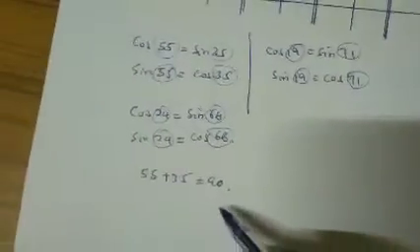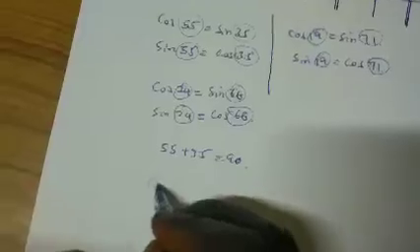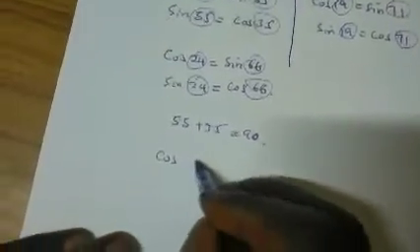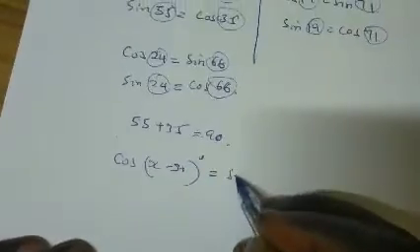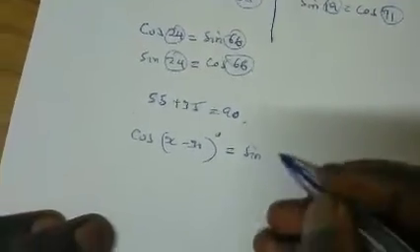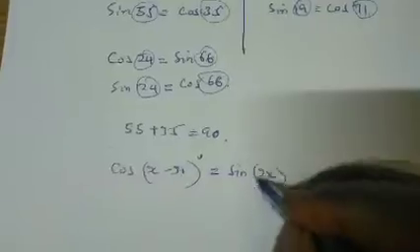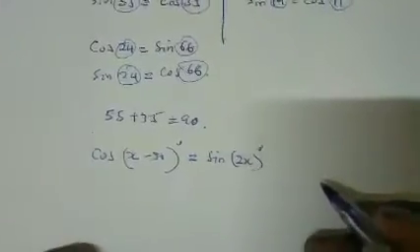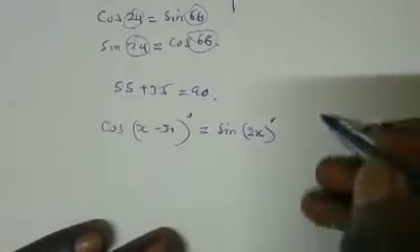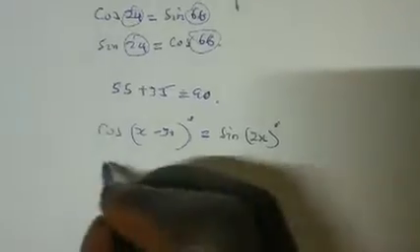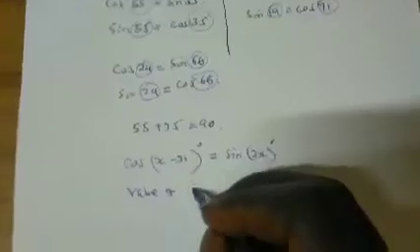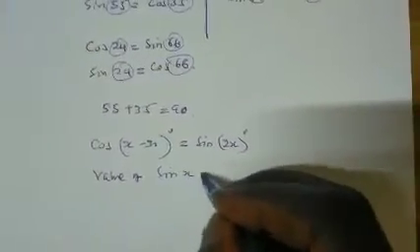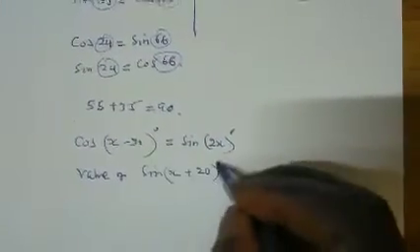Therefore, if you are given a case, for example, that cos of 3x minus 30 degrees is equal to sine of 2x degrees, then you are asked to find the value of sine x plus 20 degrees.